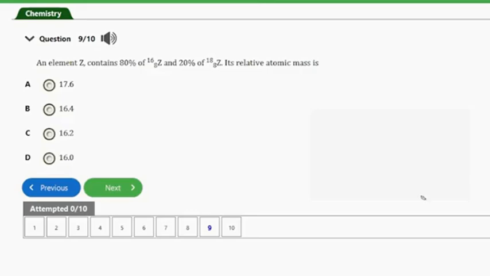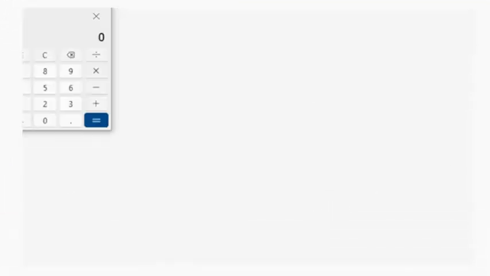So guys, in order for us to get the relative atomic mass, let's quickly zoom into our workspace and bring up our calculator.